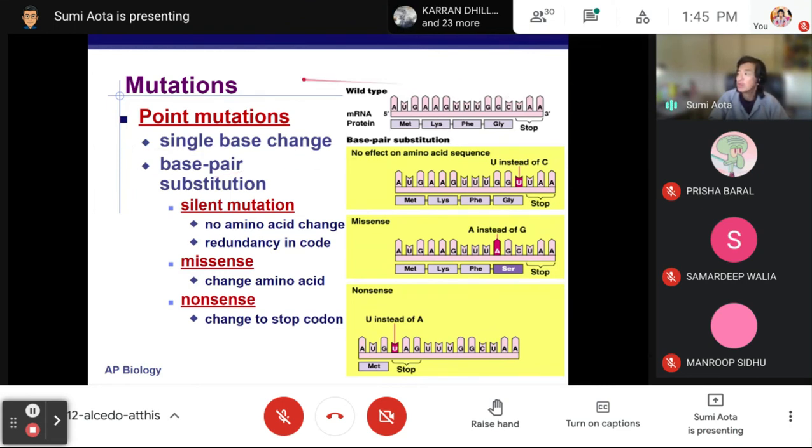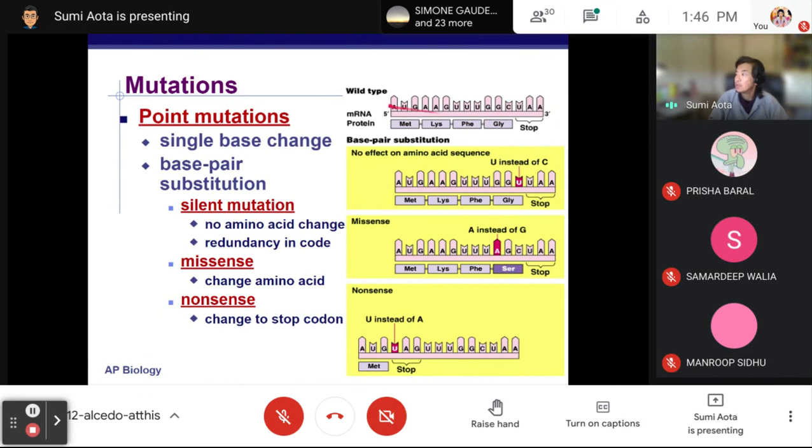So up at the top, this is the normal or wild type sequence. AUG, AAG, UUU, GGC, UAA. Now, I'm using an RNA for the example, but it could just as well be DNA. So in a base pair substitution, you're changing a base that is present for a different one, okay?